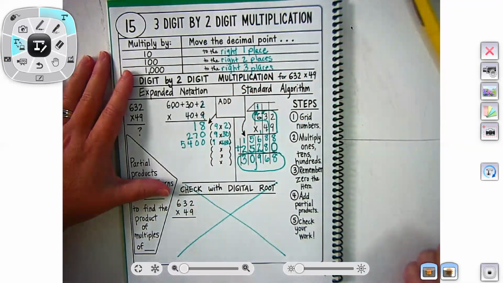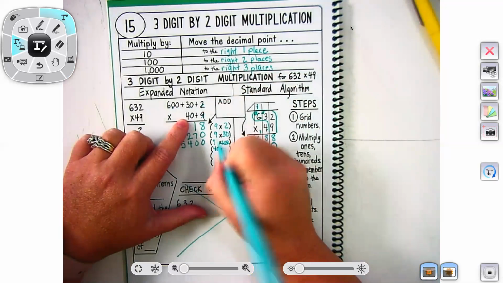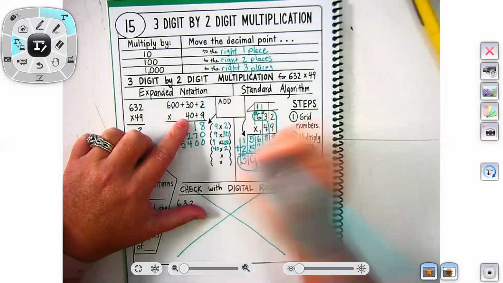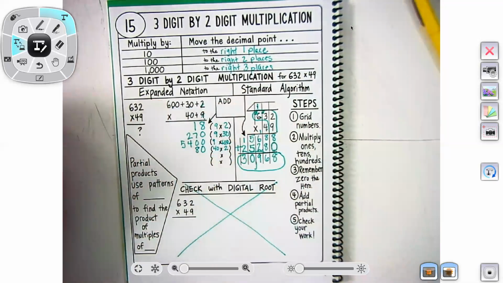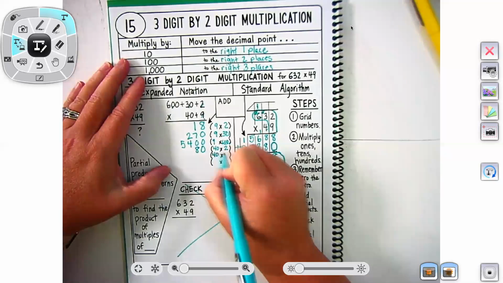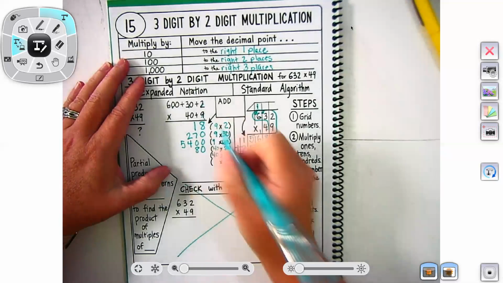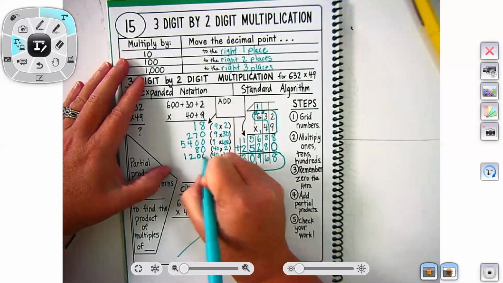Now what I'm going to do is I'm going to take 40 times 2. 40 times 2 gives me 80. Notice I'm lining these up because I'm going to add them when I'm finished. Then I have 40 times 30. 40 times 30, 4 times 3 is 12, and I have 2 zeros, so that's 1,200.